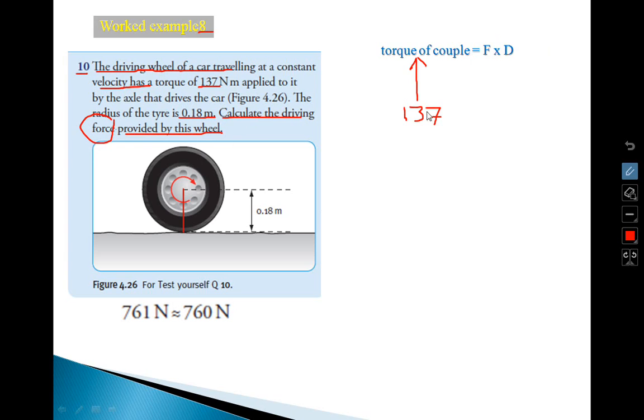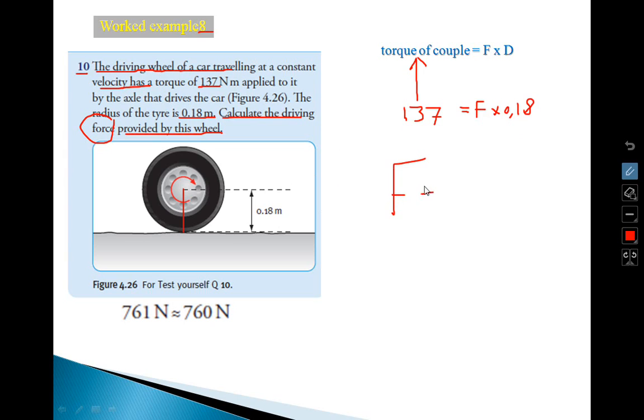We have the torque of a couple, 137 Newton meter, and we have the force times the distance. The distance is 0.18 meter.